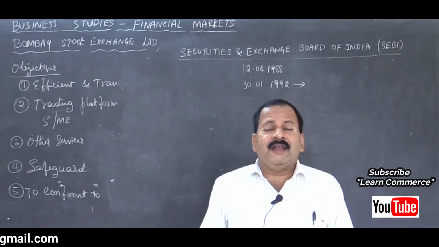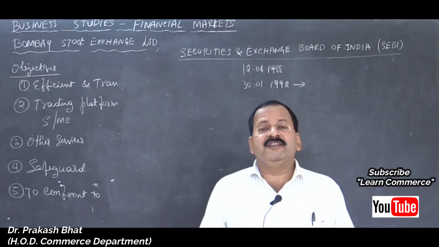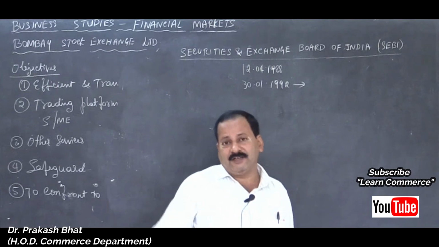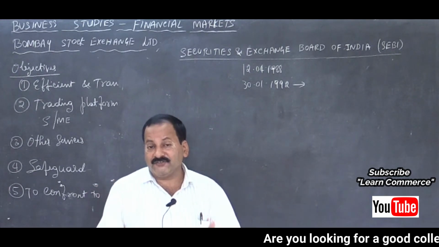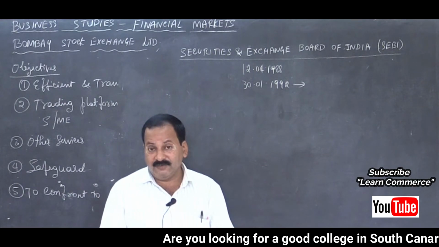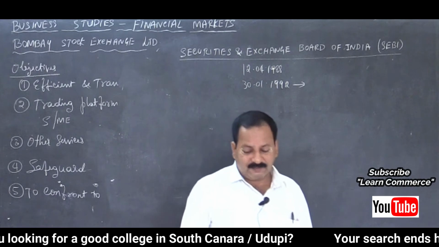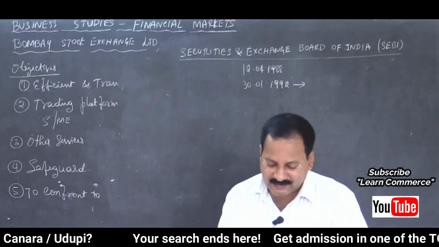So an apex institution was thought of to bring discipline to the capital market, for its healthy growth and for the protection of investors, their interest and sentiments. For that reason SEBI was established. That was the main reason why SEBI was established.